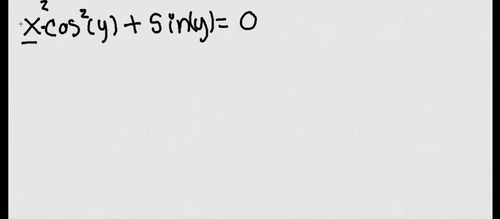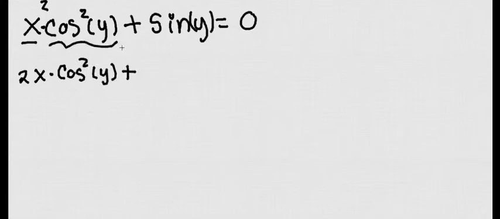Well, we're going to start with the x squared, which is just 2x times cosine squared of y plus, now I need to find the derivative of cosine squared of y. So I'm going to do the chain rule.